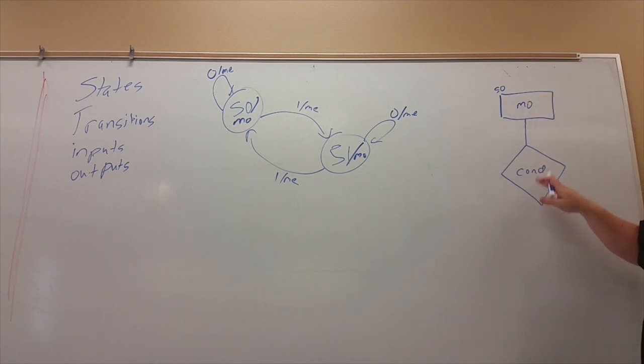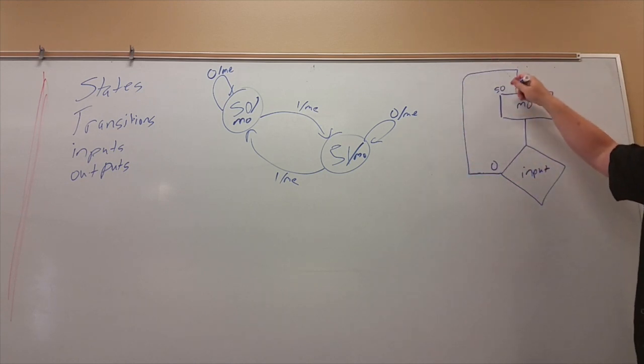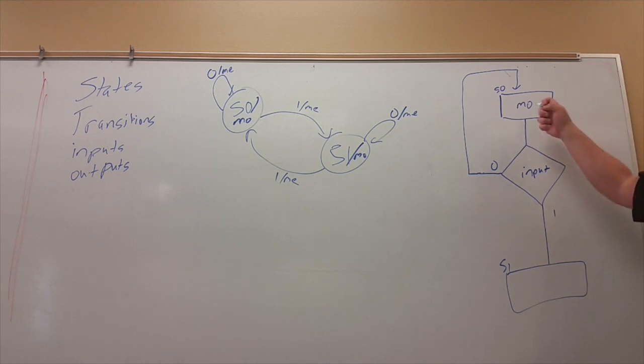My condition here would be whatever my input is. And if it's a 0, I would come back around. And if it was a 1, I would head to my next state, which was S1. Make sense? So that's where the Moore outputs would go.